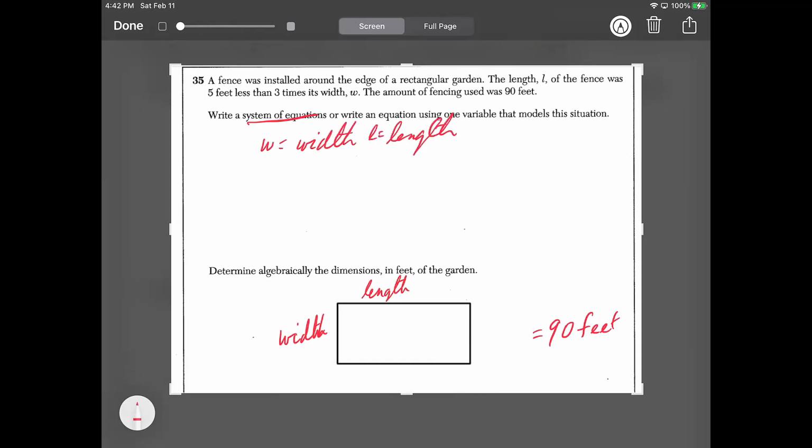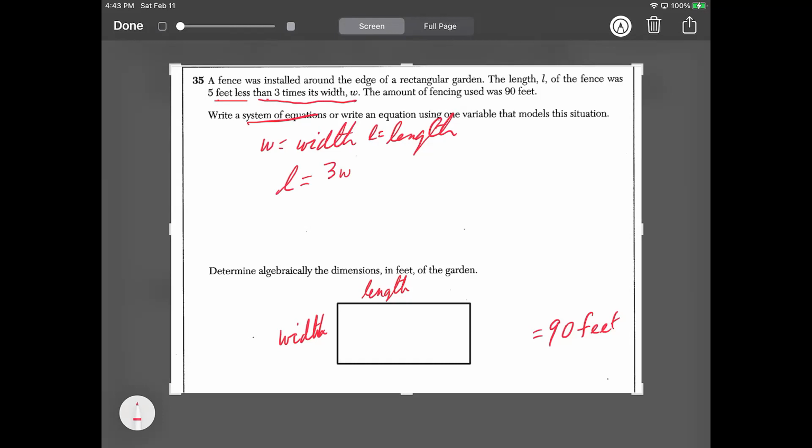It tells us that the length of the fence was 5 feet less than 3 times the width. So we've got to be able to come up with that. That means L is equal to 3 times W, which is the width, and then 5 feet less than that.